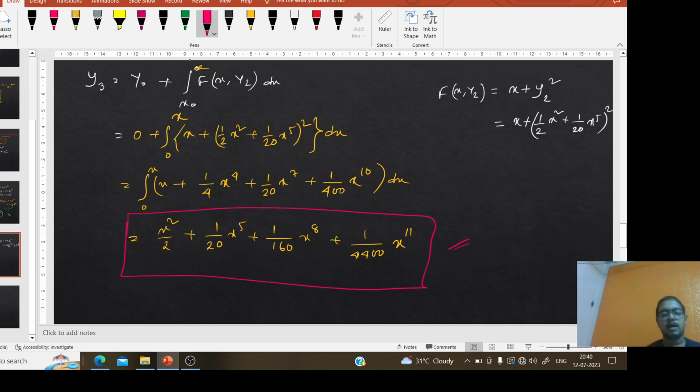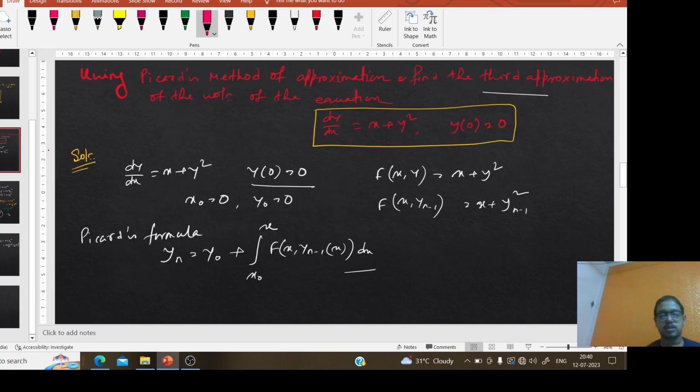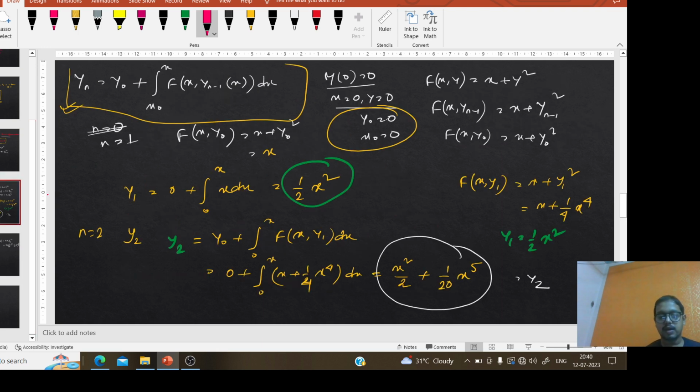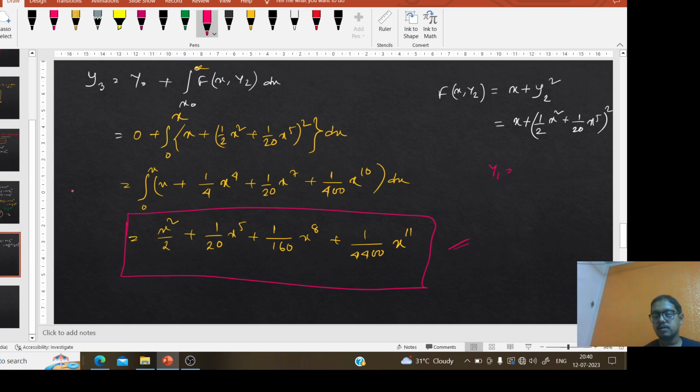As it is described in the question, find using Picard's method the third approximation. So we have to stop here, and this is the y3 you get. Previously you got y2 here and y1 here. So finally write the answer. You just jot down all the values of the approximations, like y1, y2 and y3.